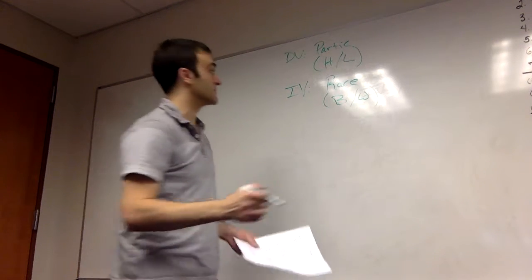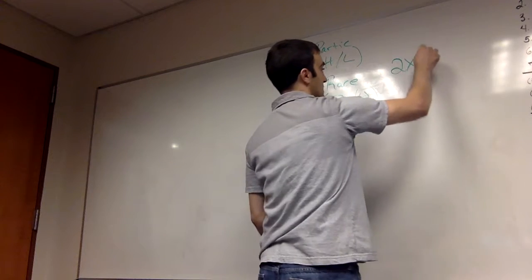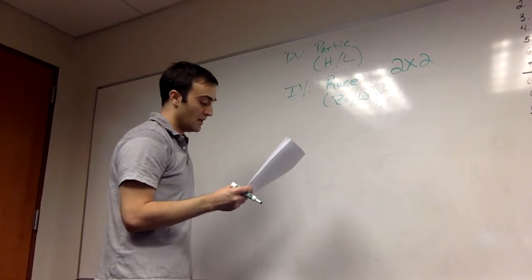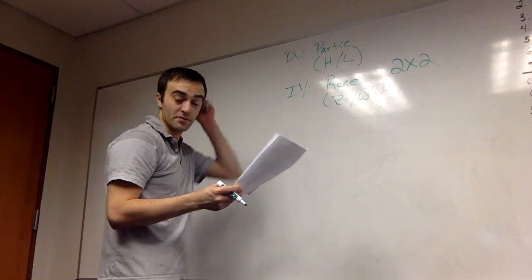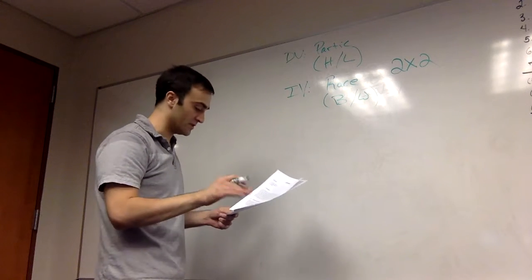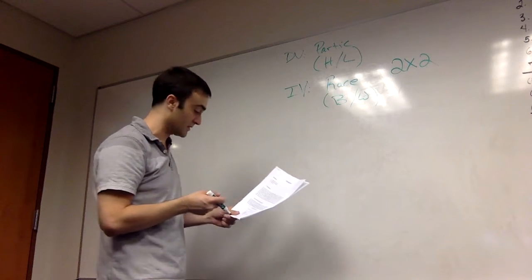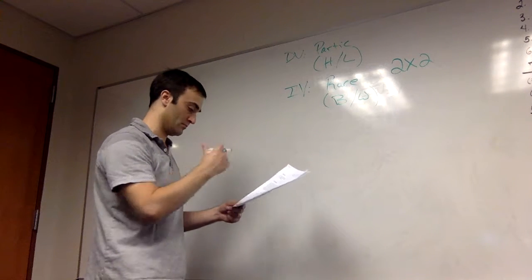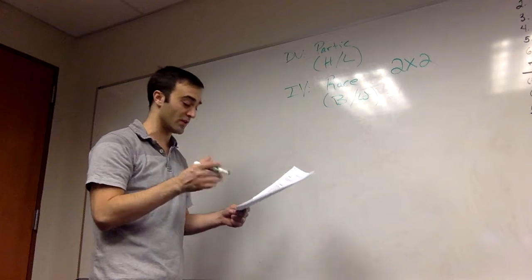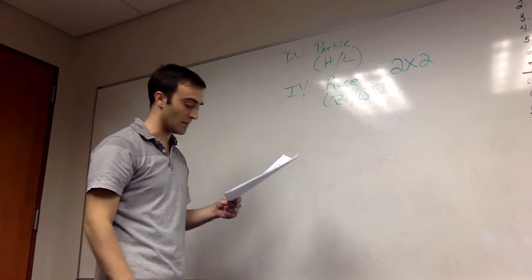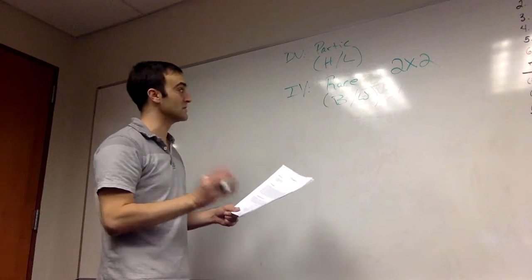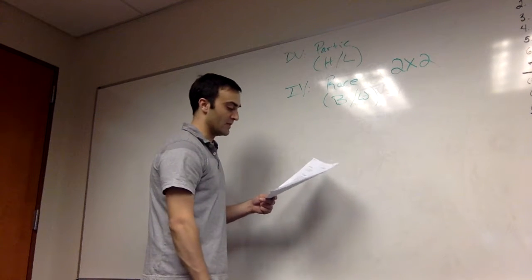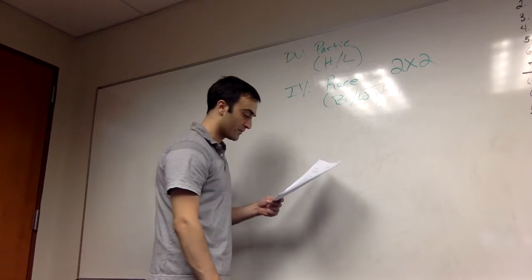So with 2 categories in each variable, we have a 2 by 2 table, meaning there's 2 substantive rows and 2 substantive columns. The 2 substantive rows are the high participation and low participation, and the 2 substantive columns are black and white. So if you look at the table, it's not a 3 by 3. Don't count the totals as separate rows or columns. Look at the substantive, what the variable categories are, and you see there's 2 categories for both the dependent and the independent variable.